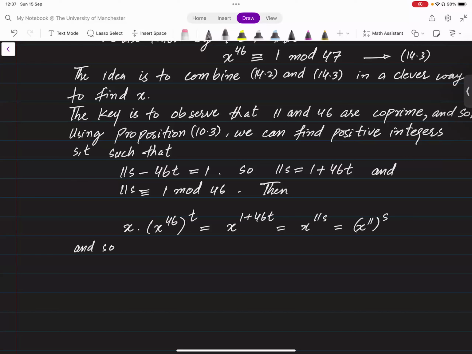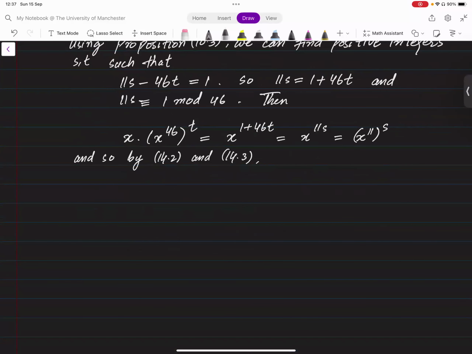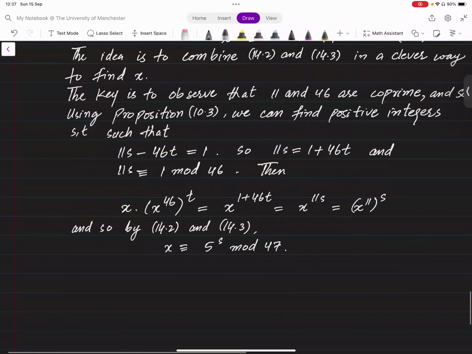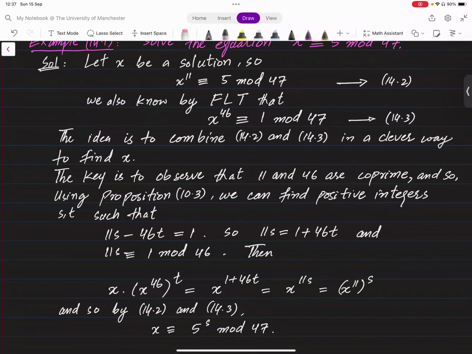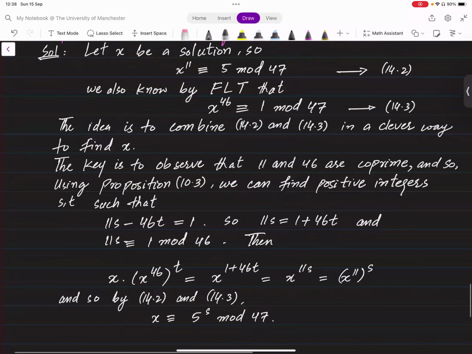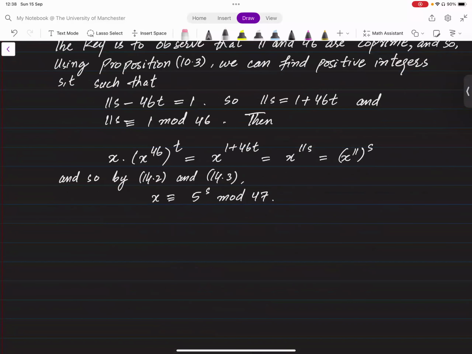And so by 14.2 and 14.3, we can write that x is 5^s mod 47, because x^11 is congruent to 5 mod 47 by 14.2. If we just replace that, we can write x is congruent to 5^s mod 47.